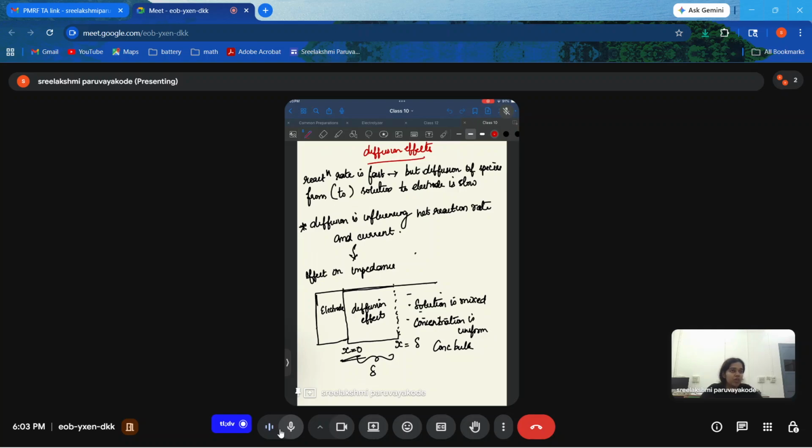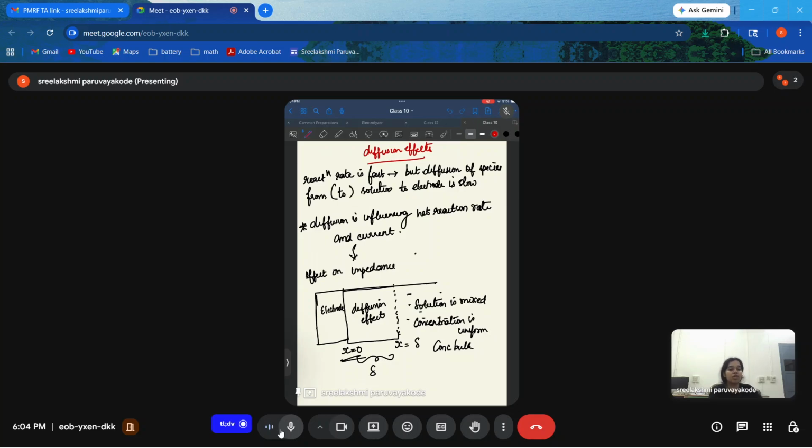But in reality, sometimes the reaction rate is so high that the reactants will not be easily available. They cannot easily diffuse onto the surface. Similarly, the products cannot diffuse back. All of this can affect the performance, and the mechanism is hindered not just by kinetics but by the limitation of the products to diffuse out or the reactants to come onto the surface.